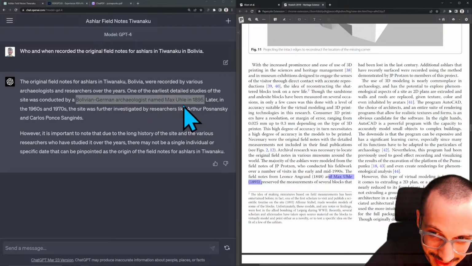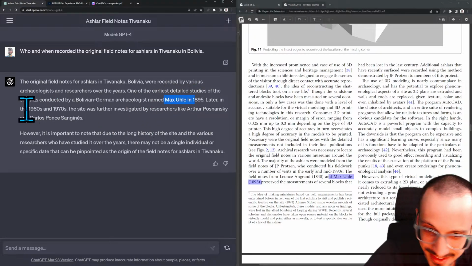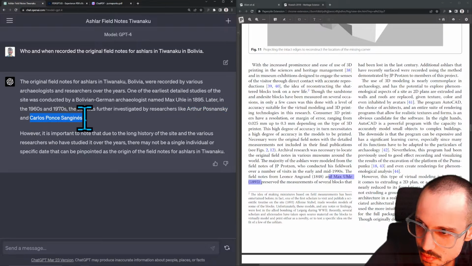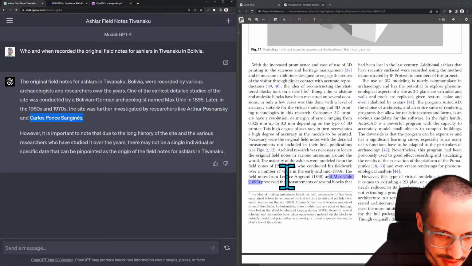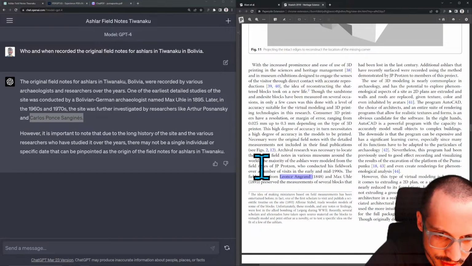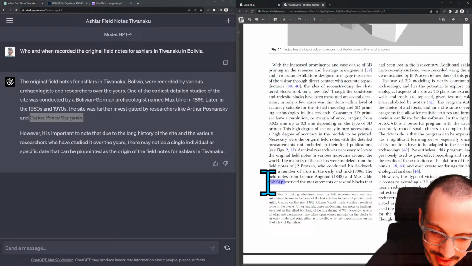Disgustingly close. 1960s and 70s, further investigated by Arthur Posnansky and Carlos Ponce Sanginés. Okay, so it didn't get Léonce Engrand, didn't get J.P. Protzen, but it did get Max Uhle, and it did get the date, which is pretty impressive, right?